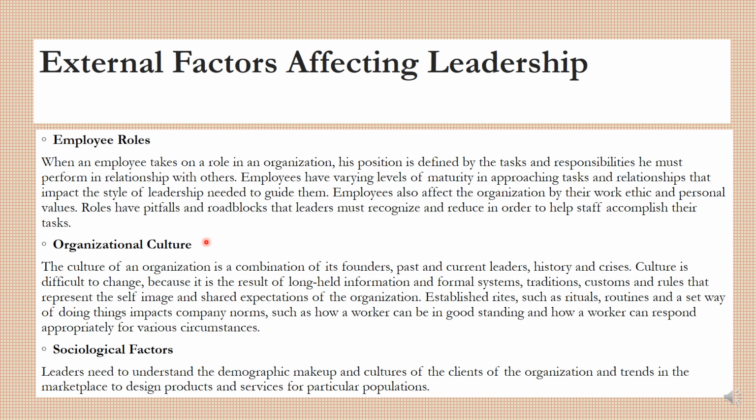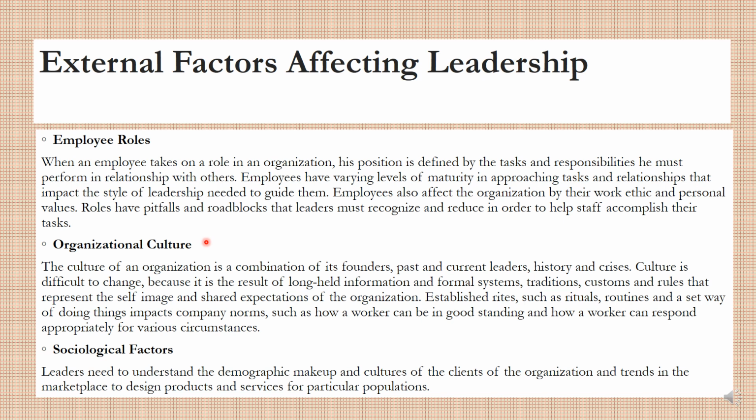A culture is the set of beliefs which the employees and the organization have. Culture is difficult to change because it is the result of long held information and formal systems, traditions, customs, and rules that represent the self image and shared expectations of an organization.